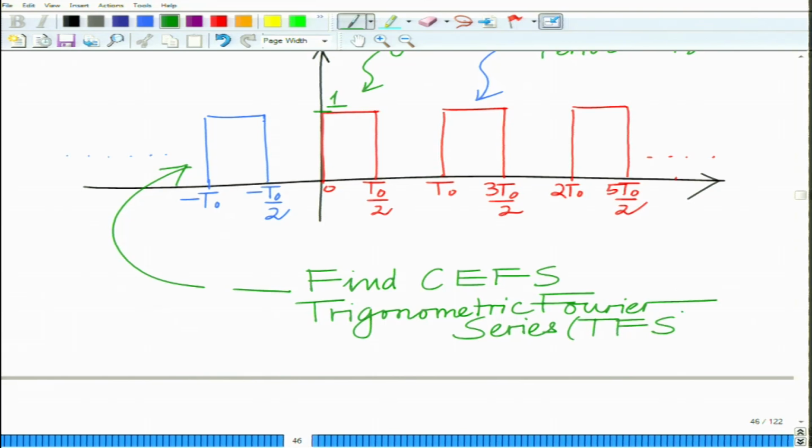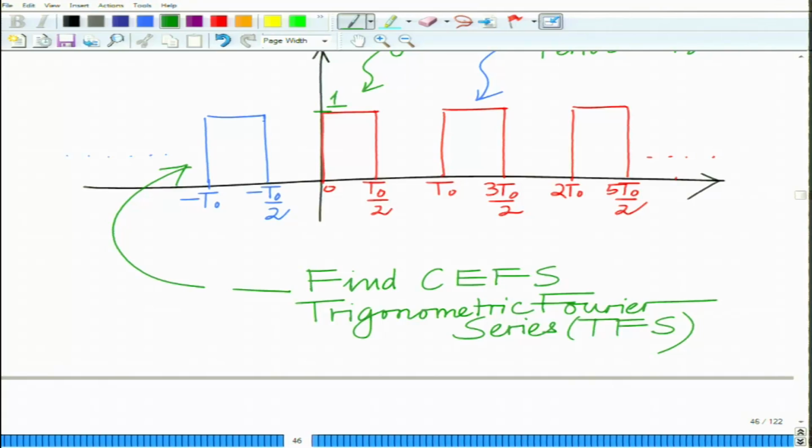We want to denote this by TFS. So, we want to find the complex exponential Fourier series as well as the trigonometric Fourier series representation for this periodic square wave, which has square pulses of height 1, width T naught over 2, and fundamental period T naught. Okay, all right.